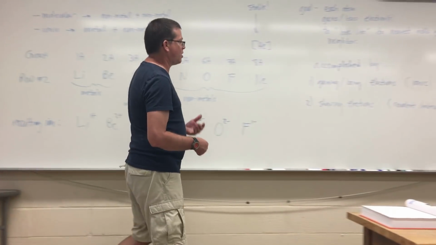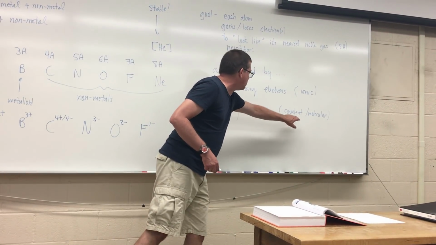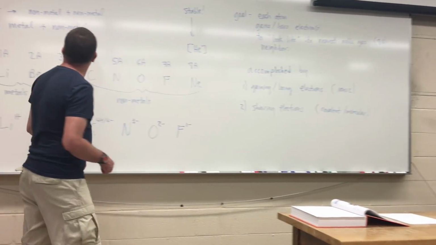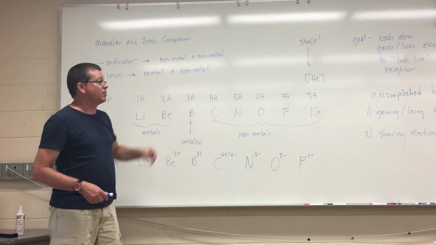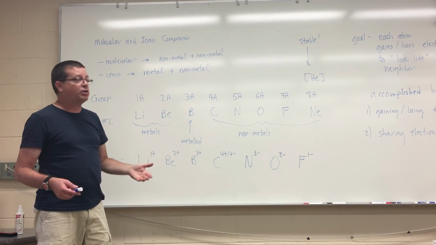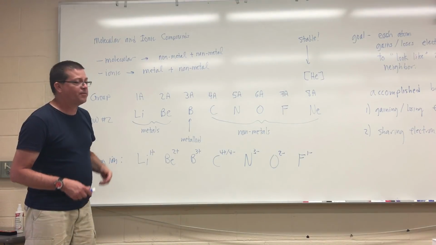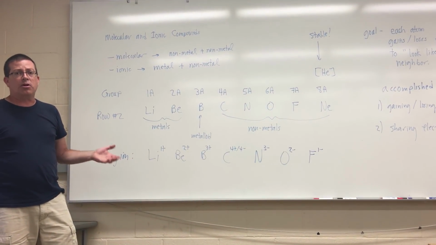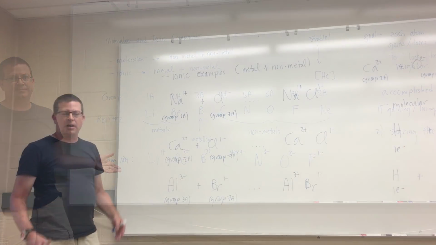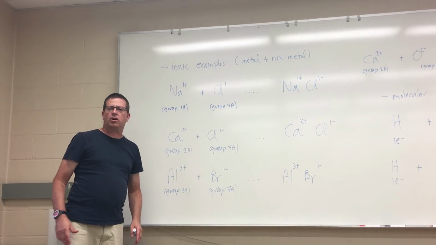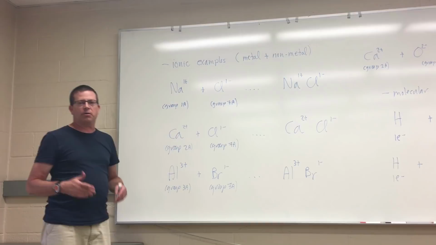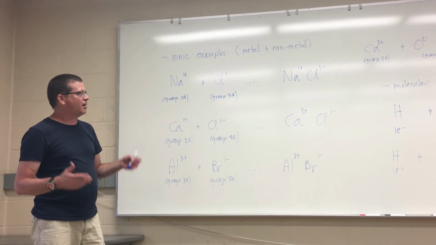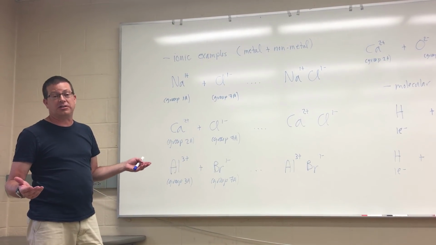So sharing electrons, in the case of a covalent or molecular system in which we have 2 nonmetals coming together, is another option by which we can satisfy this requirement of each element looking like its nearest neighbor noble gas. All right, folks, so let's take a look at a couple of examples of both ionic and molecular situations here.